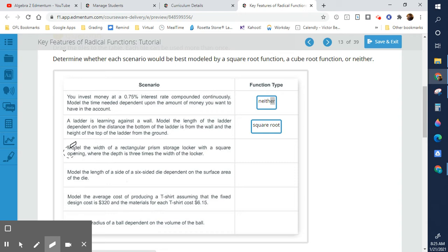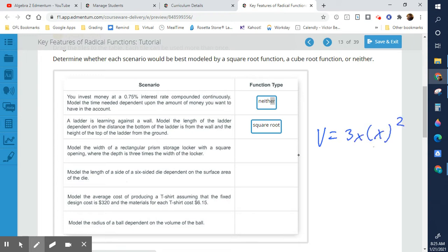All right. Model the length of a rectangular storage prism with a square opening, where the depth is 3 times the length of the locker. So in this case, we're doing volume equals 3x times x squared. Let me see how well I can draw a 3D shape.